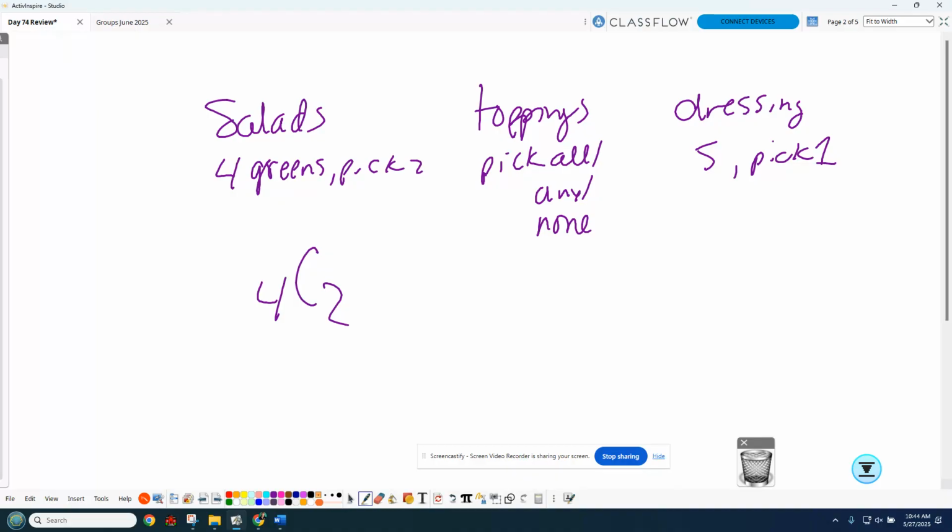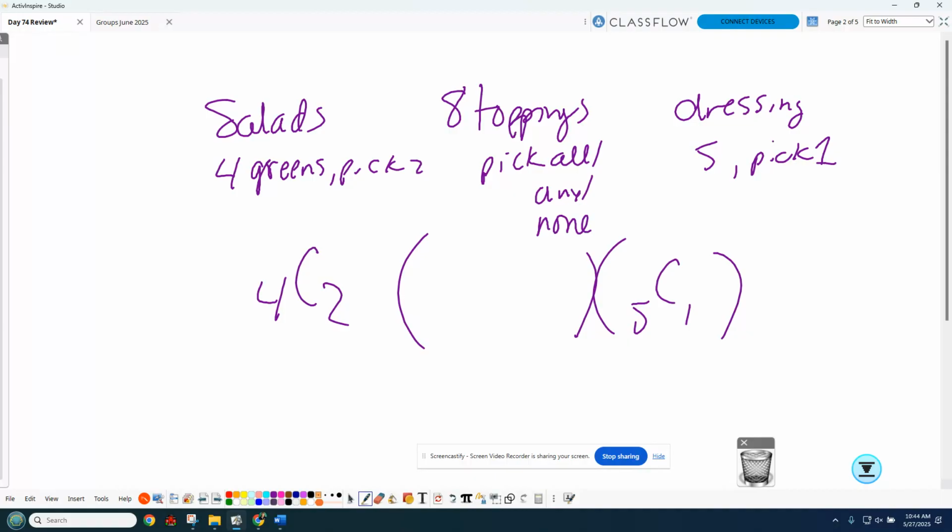Then, how many different toppings were there? If there were 8 toppings to choose from, for each topping you didn't have to take them, or you could take all of them.